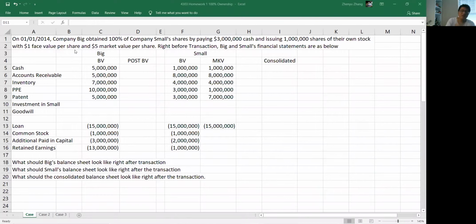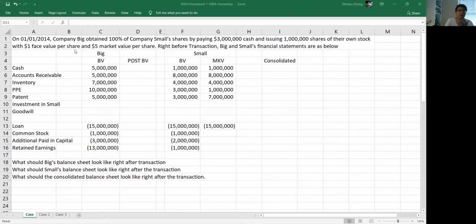Oh yeah, sorry. Company Big obtained 100% of company Small's shares by paying 3 million cash and issuing 1 million shares of their own stock with $1 par value per share and $5 market value per share. Right before the transaction, Big and Small's financial statements are like below.